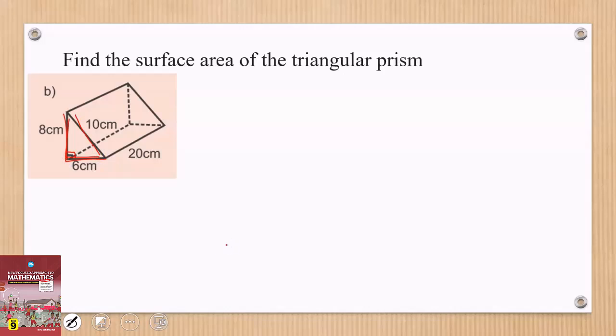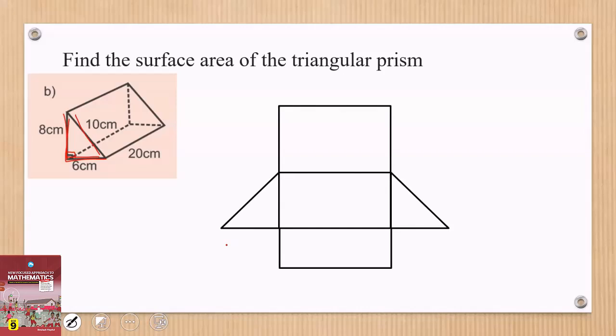So if you put it in the net, this is how you're going to see it. Let's call these area A, area B, area C. Each of them is different. Then area D has the same area for both sides, because the two bases are going to be the same. So how do we find area A?